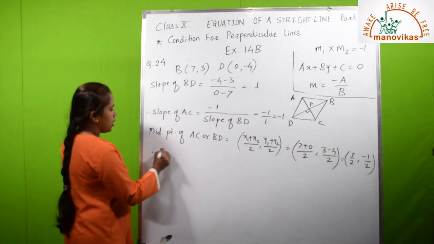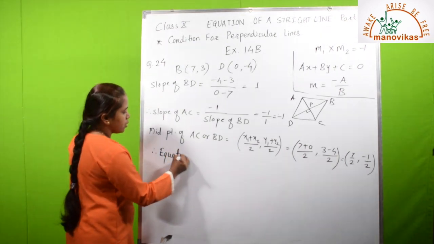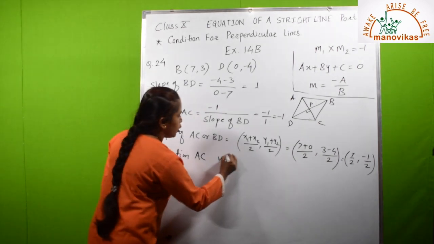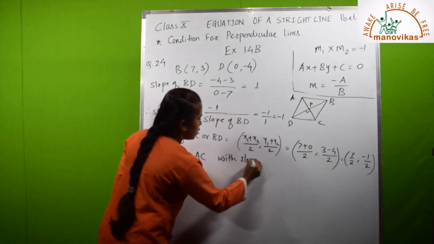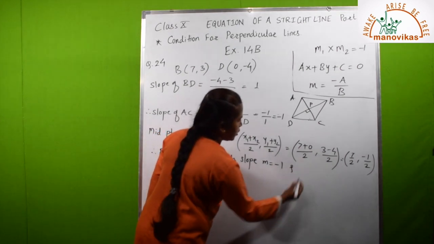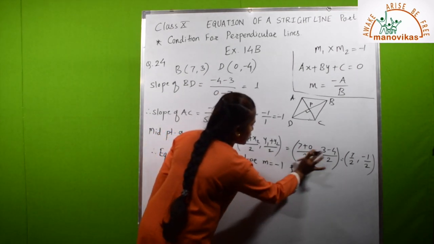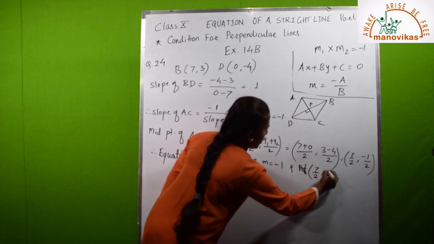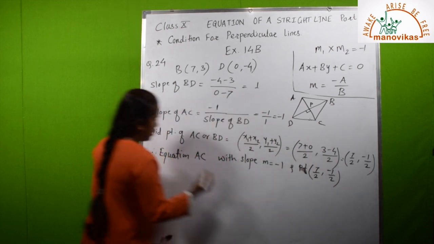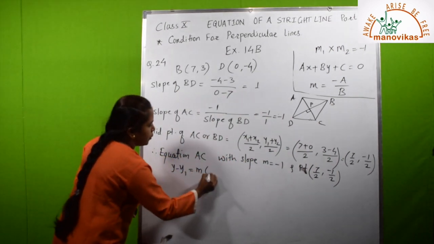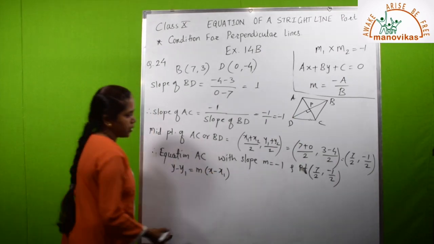So equation of AC with the slope m is equal to minus 1 and midpoint, that is point 7 upon 2, minus 1 upon 2. So y minus y1 is equal to m into x minus x1.